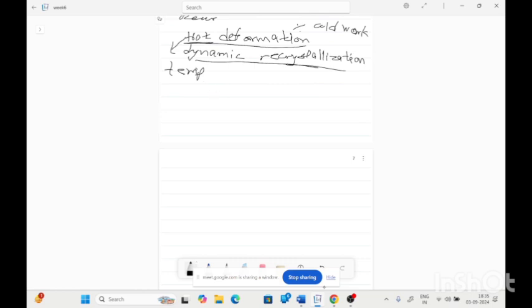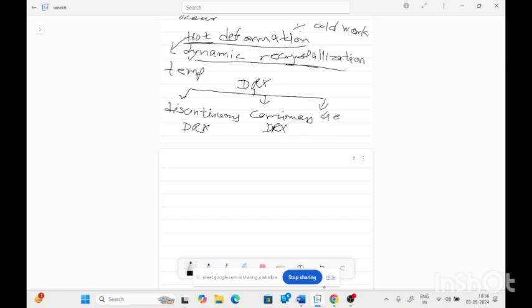Dynamic recrystallization, written as DRX, is again classified into three types. First is discontinuous dynamic recrystallization, second is continuous dynamic recrystallization, and third is geometric dynamic recrystallization.